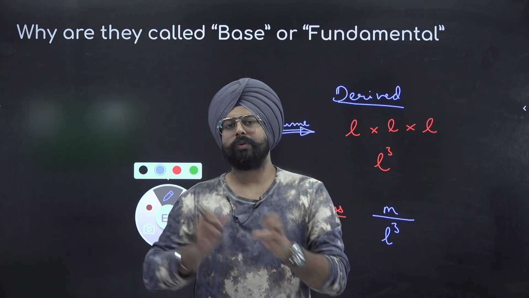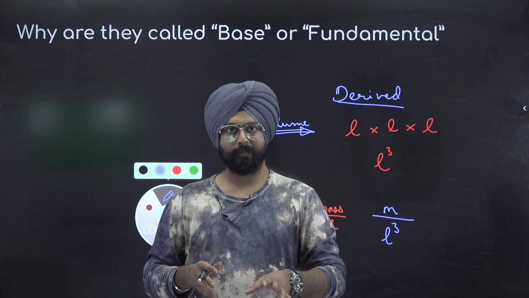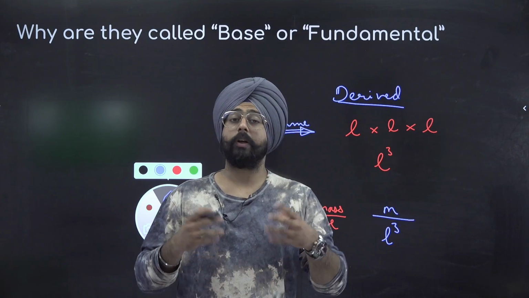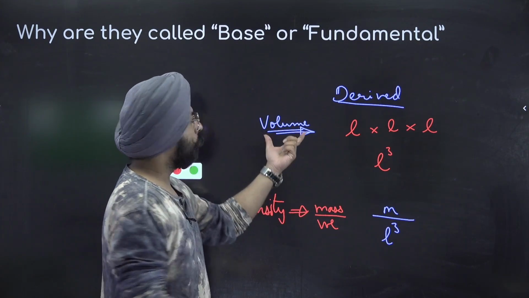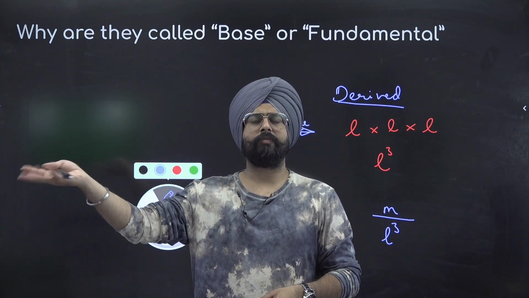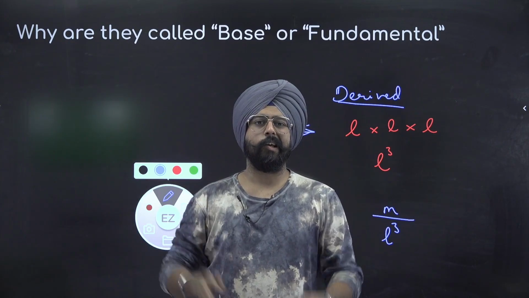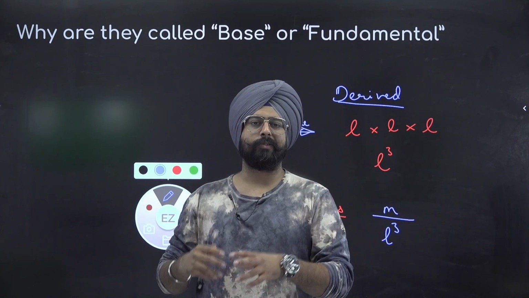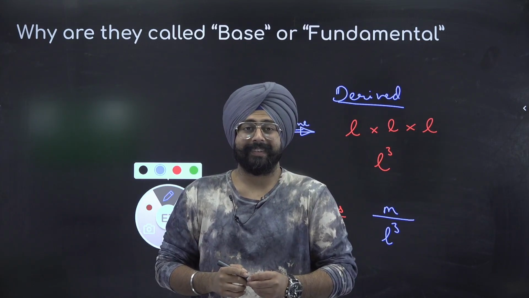So what we choose as fundamental quantities is also a convention. Alright? We could have chosen, okay, in some parallel universe perhaps, we could have chosen volume as our fundamental quantity. So length would have become volume raised to the power 1 by 3. Yeah, the cube root of volume would be length. Maybe in some other universe they do that.